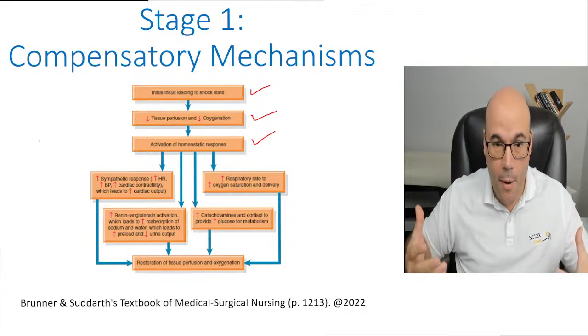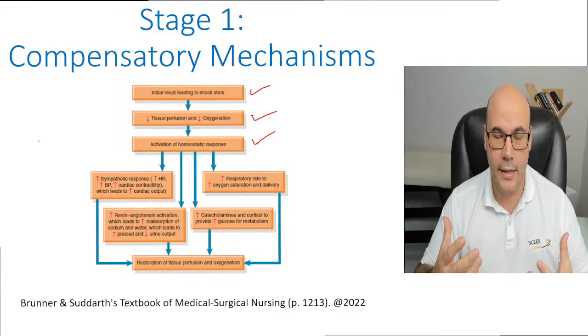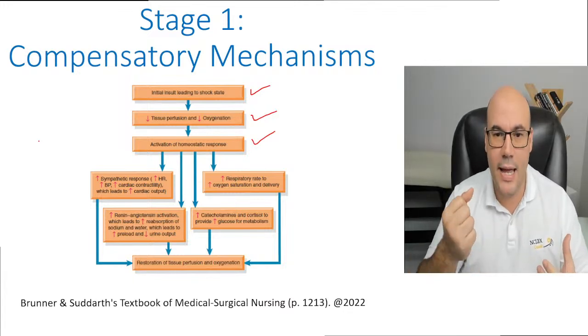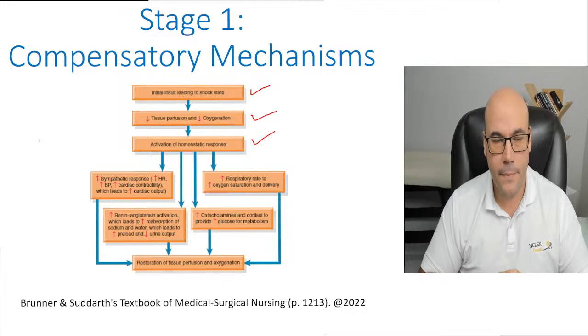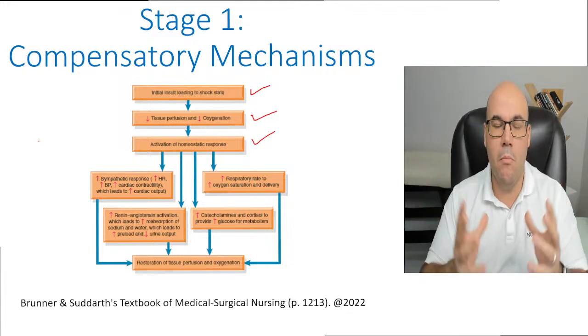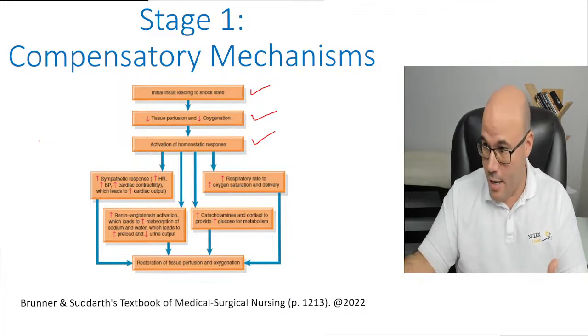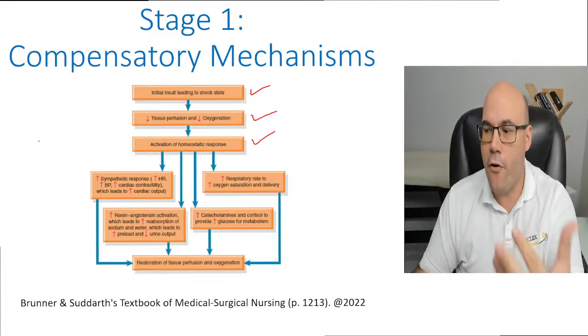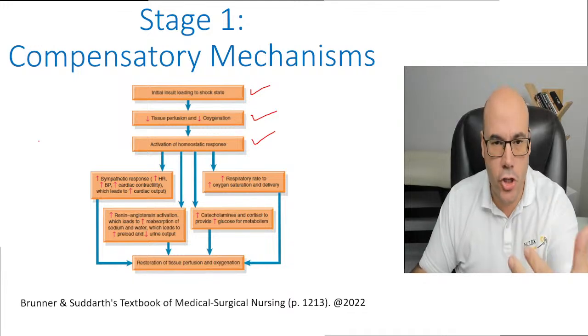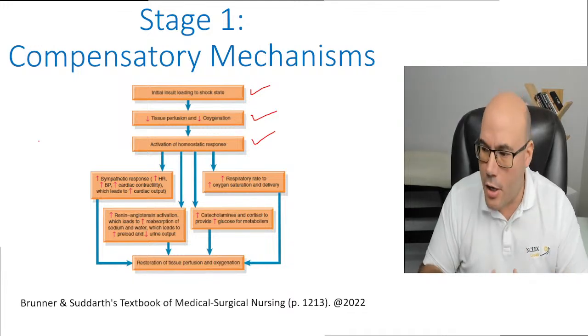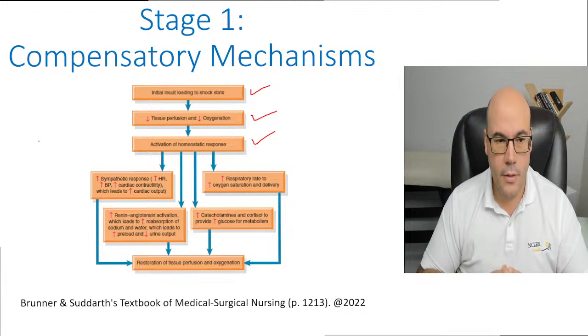So the body is trying to compensate by increasing cardiac contractility and providing more oxygenated blood to the tissues that we already mentioned are suffering decreased perfusion and decreased oxygenation. So that is what the heart is doing.